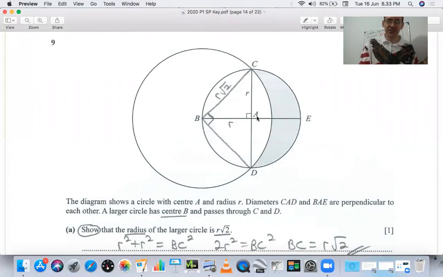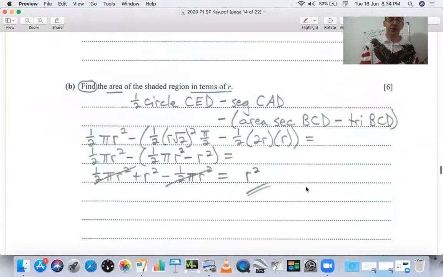To find the segment, you take the sector minus the triangle here on the left, which gives you the segment on the right. Then we want to take the semicircle minus the segment to give us the shaded area. So here we have our semicircle, half of a circle, CED, minus the segment, CAD.